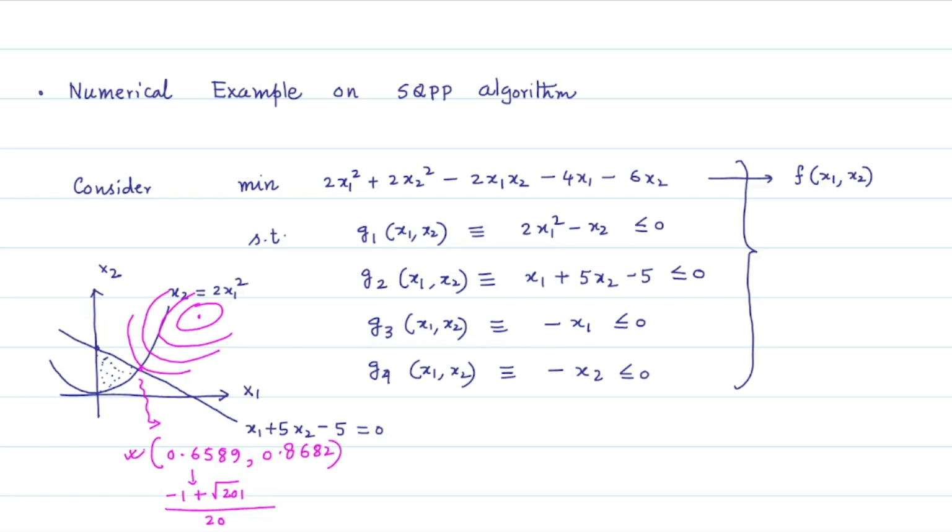Please check it. This point is the intersecting point of this line and this parabola. Fine. So we have a solution to this problem geometrically.